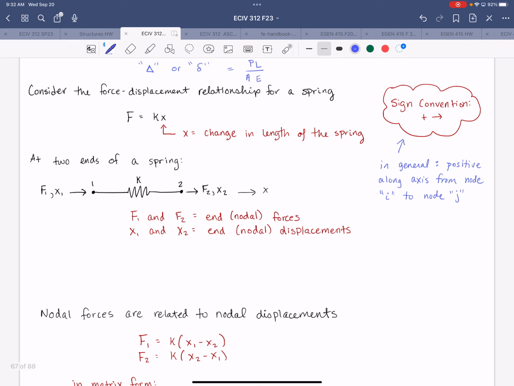Whenever we have elements like this, just on a single axis, or a beam element, we're always going to number our nodes left to right. So it'll be easy and systematic to keep track of.